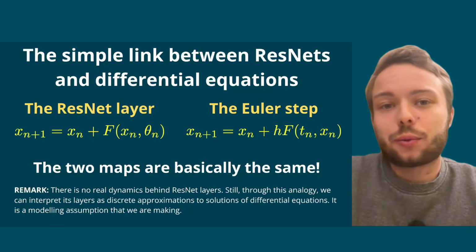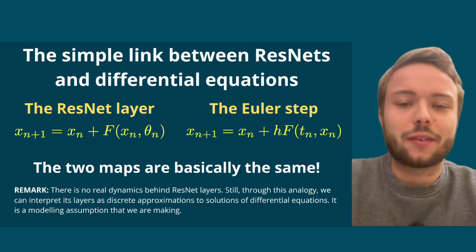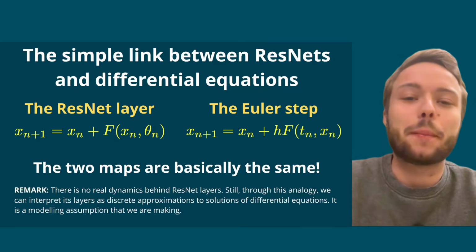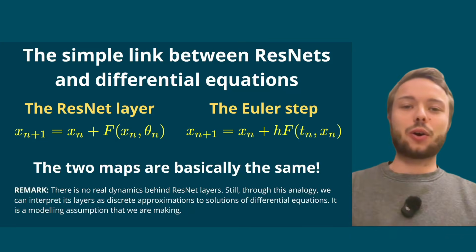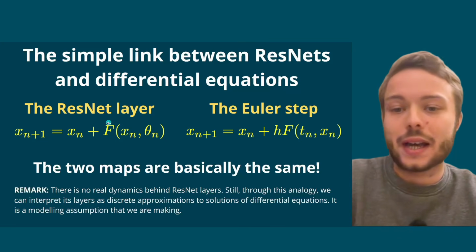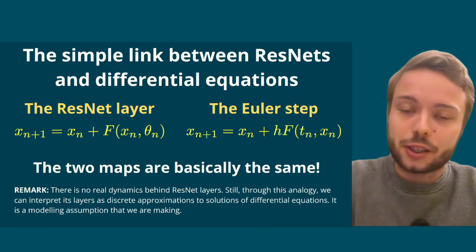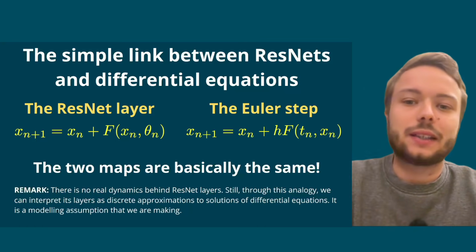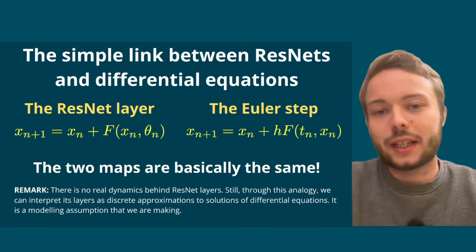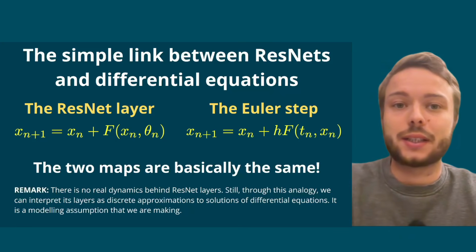In fact, a neural network, as I said at the beginning, is nothing else than a parametric function. So we have a lot of freedom in how we model and design this layer of a network, and in particular how we choose f to be. So this means that there's nothing wrong with saying that actually these maps are the same map, and residual layers of residual networks are nothing else than the Euler step of a suitably parameterized ODE.